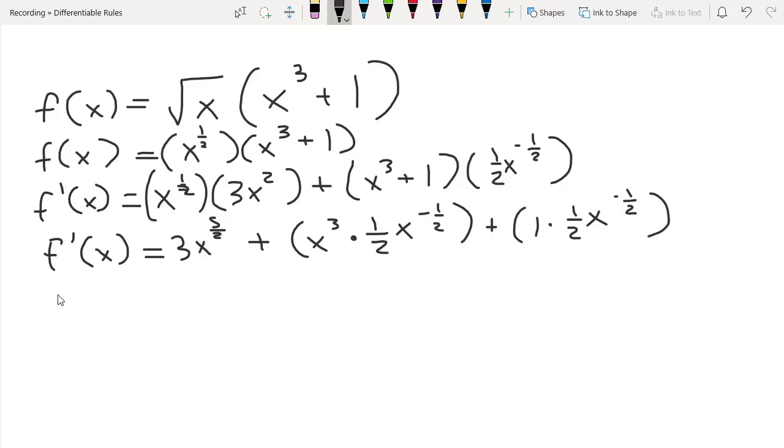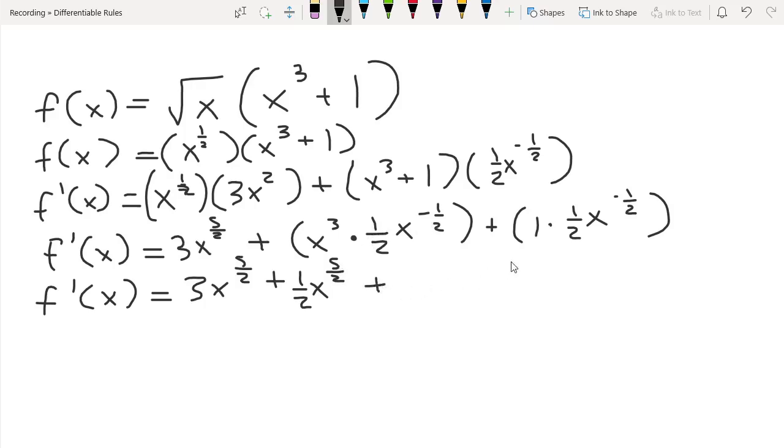So if we were simplifying this, we would get 3x to the power of 5/2 plus, and then this right here would be equivalent to 1/2 x to the 5/2, because 3 is equivalent to 6 over 2. And then if we were multiplying this together, it would be 6 over 2 minus 1/2, which is 5 over 2.